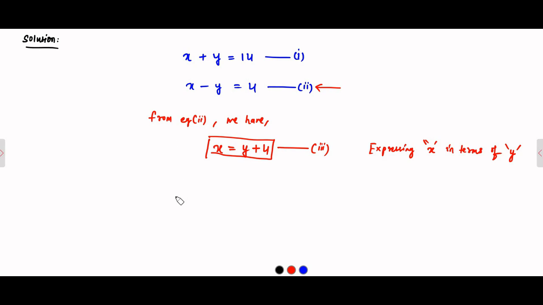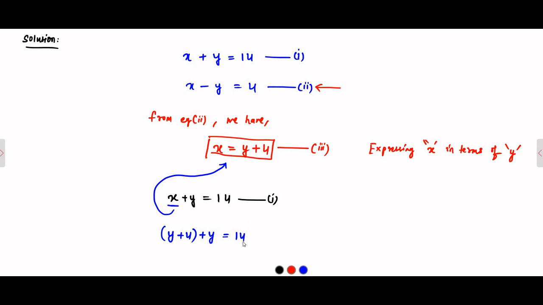So here we have x plus y is equal to 14. Yes, that is equation number 1. Here in place of x, we'll use this y plus 4. So then this equation will become y plus 4 plus y is equal to 14.